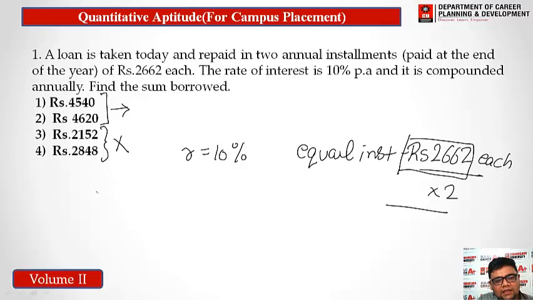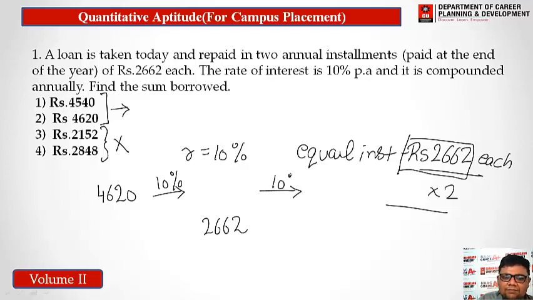Now see, if I take option B, which is 4620 rupees, so now the installment is what? Firstly I have to take an interest of 10% on it, then I pay rupees 2662, then again I apply 10%. The unit place is coming out as 2, which is 2662, right? So now if we apply 10% on it, our unit place will be 2, definitely.